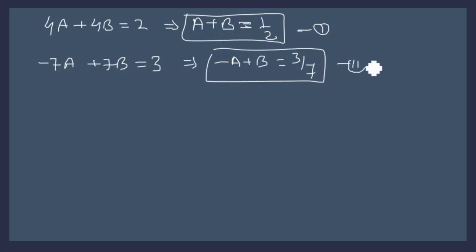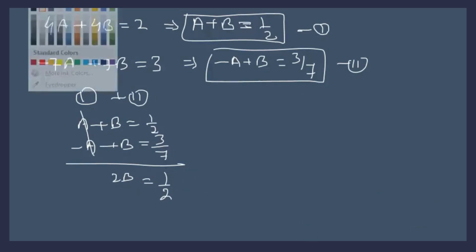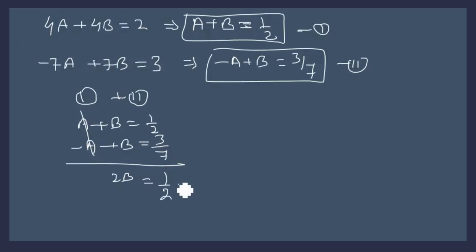Now I will solve these two equations simply by adding them. So minus a and plus a cancel, right? My a + b is 1/2 and -a + b is 3/7. So when we add this, 2b equal to 1/2 + 3/7.